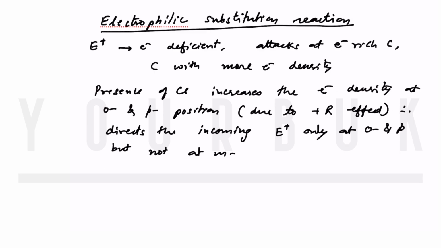But also, halogen is a very unique group. It's ortho-para directing, but at the same time it deactivates.